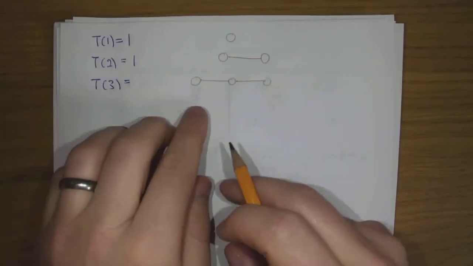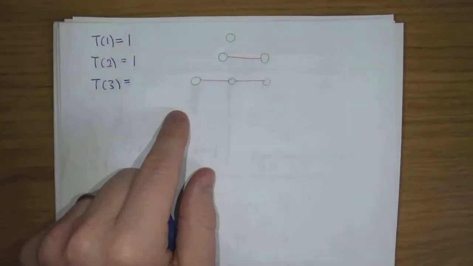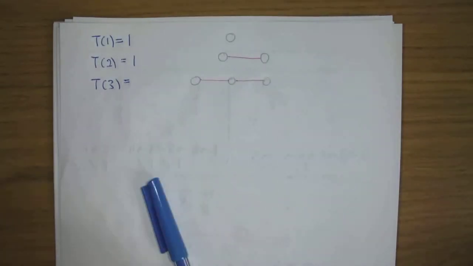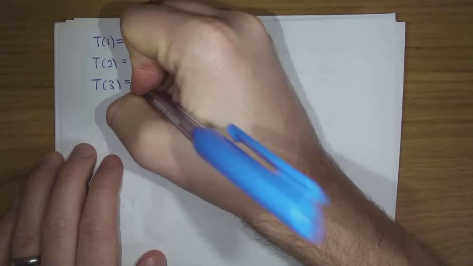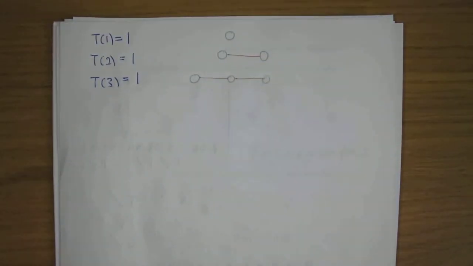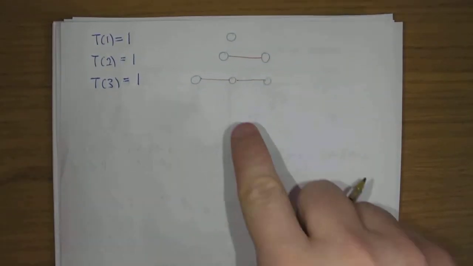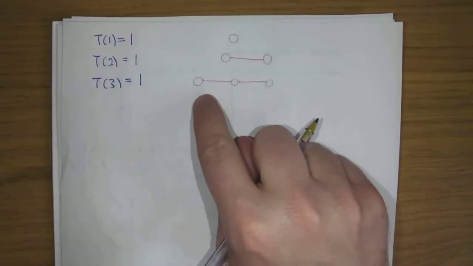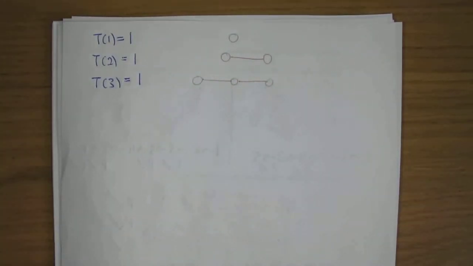If you think of adding an extra node to this, either it's connected to this, and they look the same. So there's only one way of doing it. Okay, so that gives a hint for T of 4 and T of 5. To form a tree with 4 nodes, you take this and add on an extra node. I think that's all you can do.